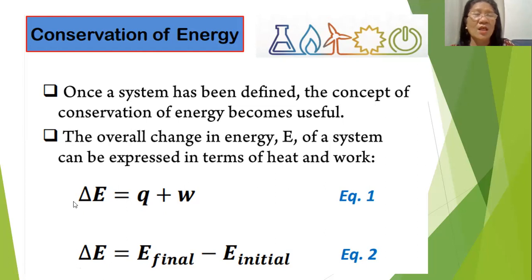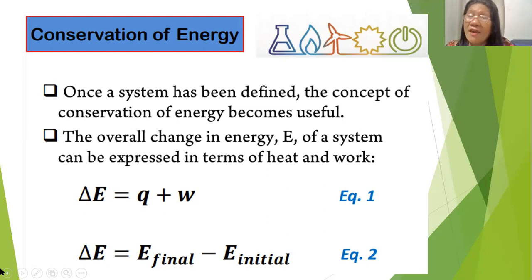So the overall change in energy, abbreviated or with the symbol E of a system, can be expressed in terms of heat and work. So that is the change in internal energy is equal to Q plus W. What is Q? That's heat. What is W? Work. So that's equation 1.